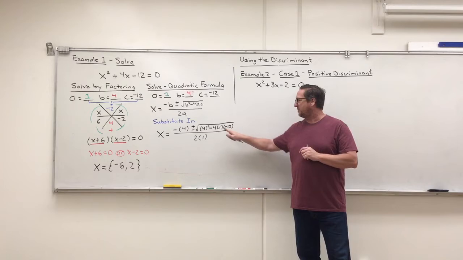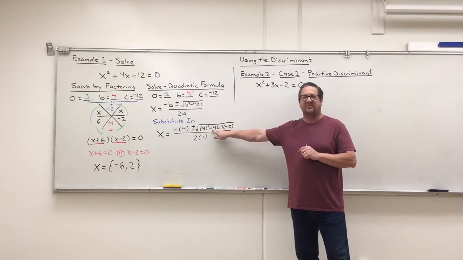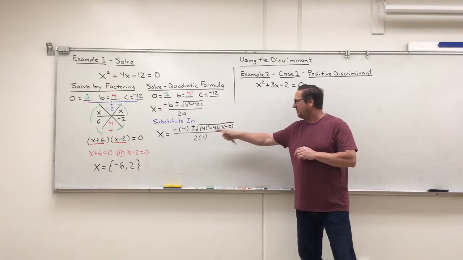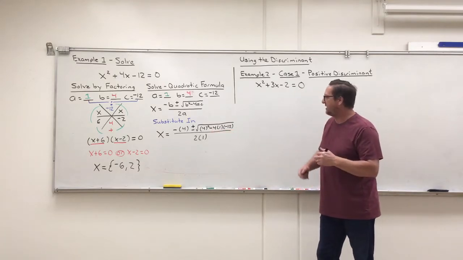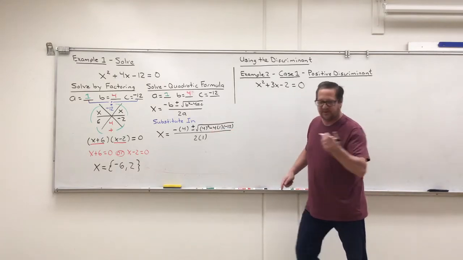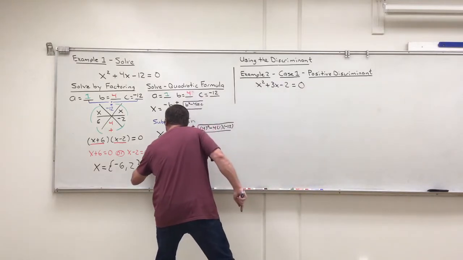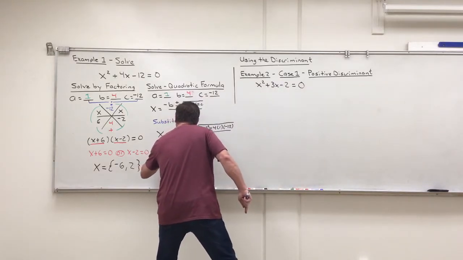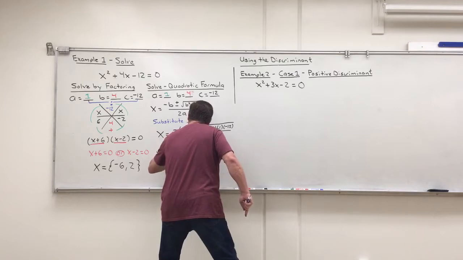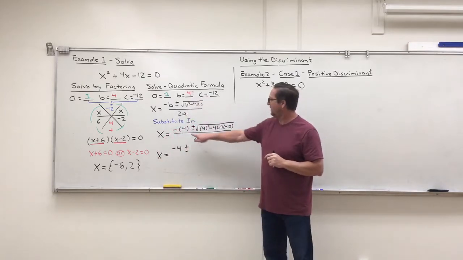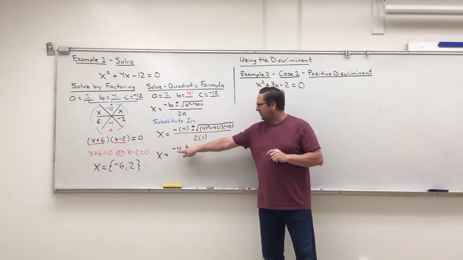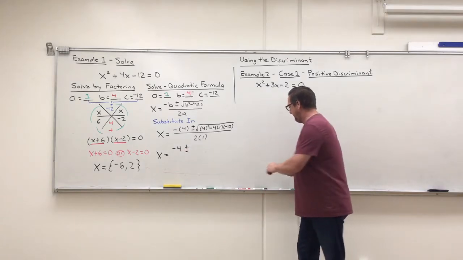This is the part that we're worried about the most. This is where most of the mistakes will take place. So I'm going to show you all this right here. I'm going to take a few shortcuts and evaluate, but here we go. x equals negative 4. Notice how we clean that up.